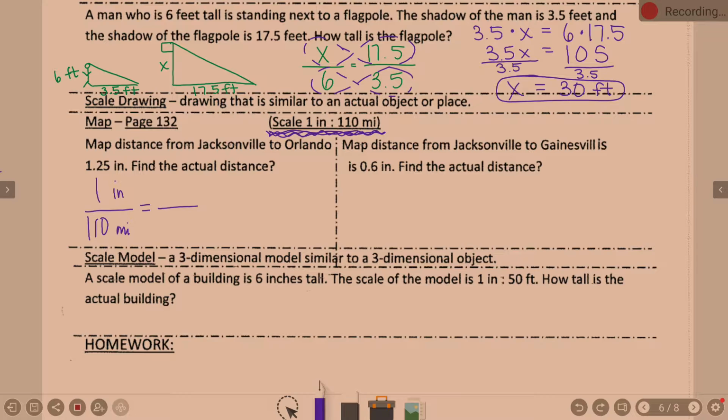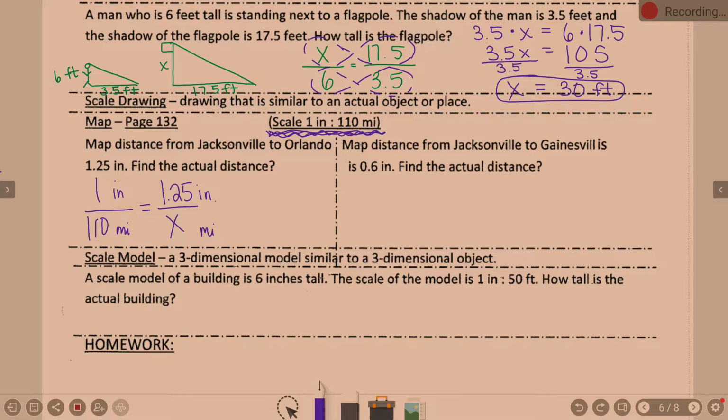If this first one is inches over miles, then I want to be consistent and I want to put inches over miles. They give me 1.25 inches. So where am I going to put that? On top. We're trying to find the actual distance. So if I'm driving, I'm trying to find that distance. So I'm going to put X on bottom.